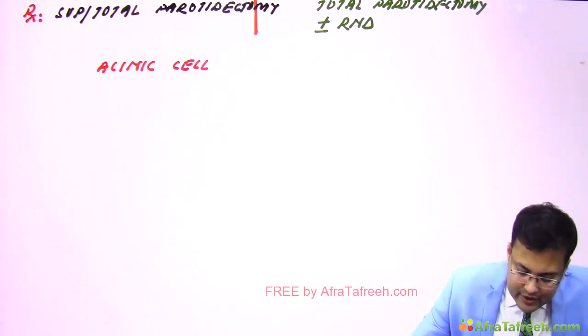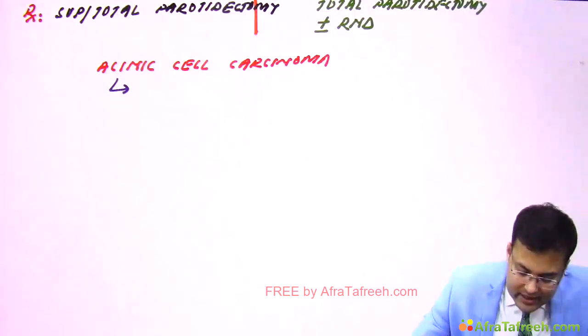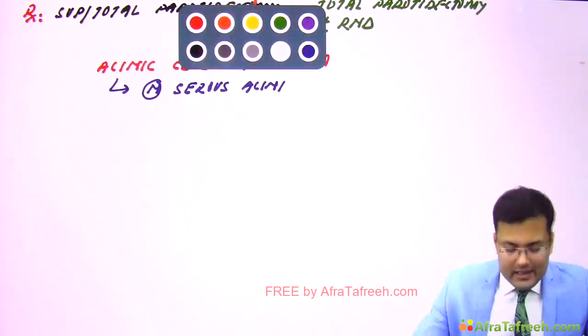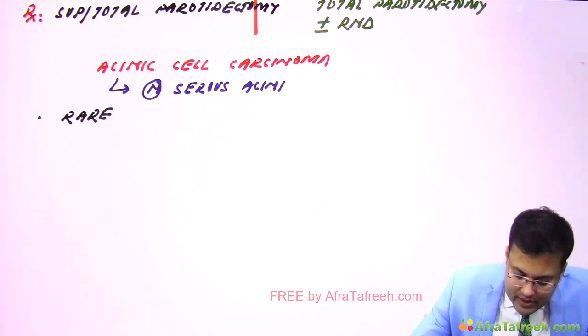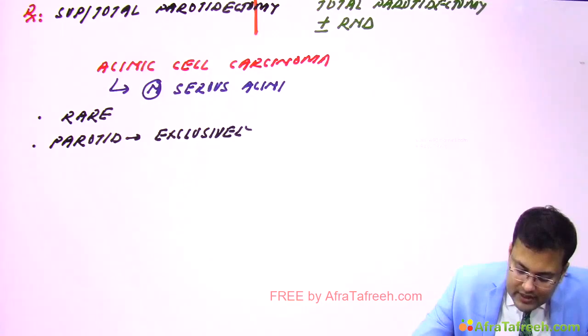The name is acinic cell because it resembles normal serous acini of the salivary gland. It is exclusively seen in the parotid.